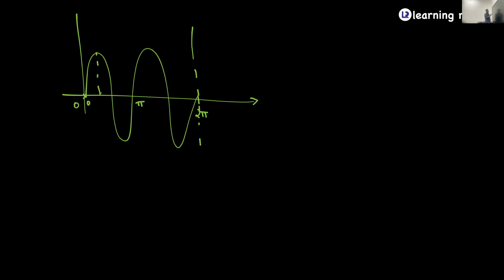What is this point? Pi by 4. What is this point? 5 pi by 4. What is this point? 3 pi by 4. And what is this point? That's it. That is how it works. Did you understand why I drew it twice? Because the frequency is 2. Okay. So this is how it works. Make a note.